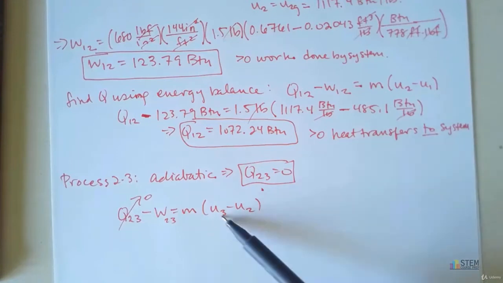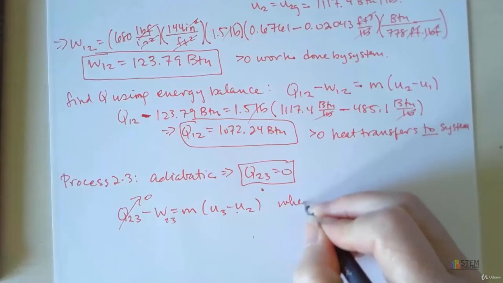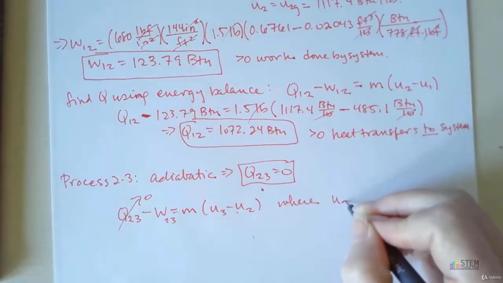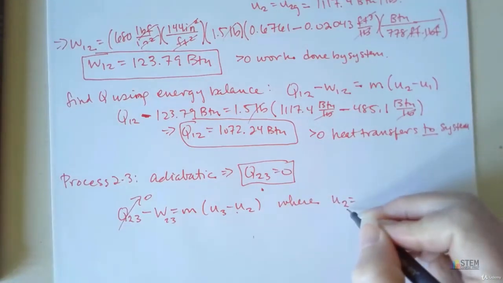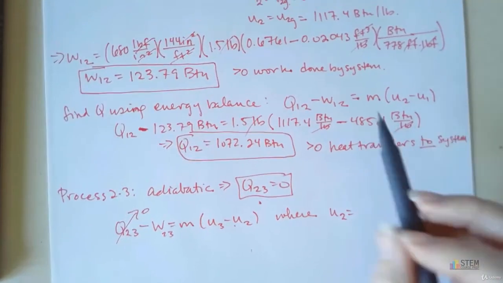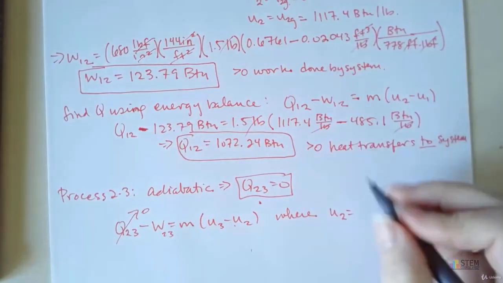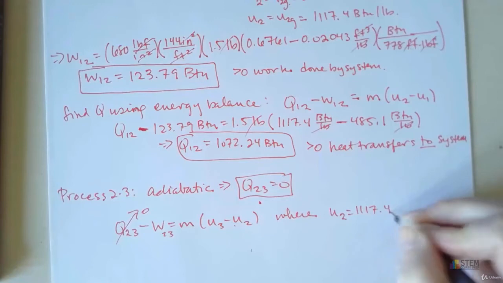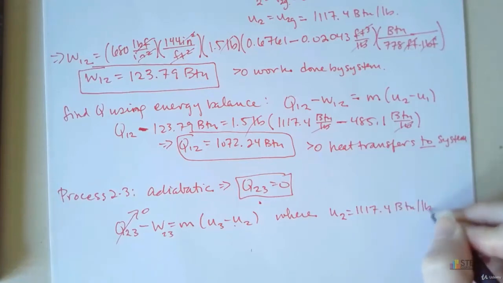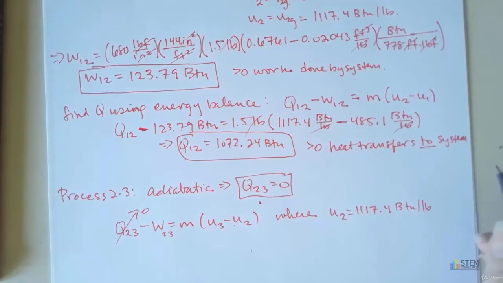Now we just need to find these internal energy values. So let's look those up. U2, we already found that up right here. So we can just recopy that number. That was convenient. And then U3, what about U3? We don't have that yet.